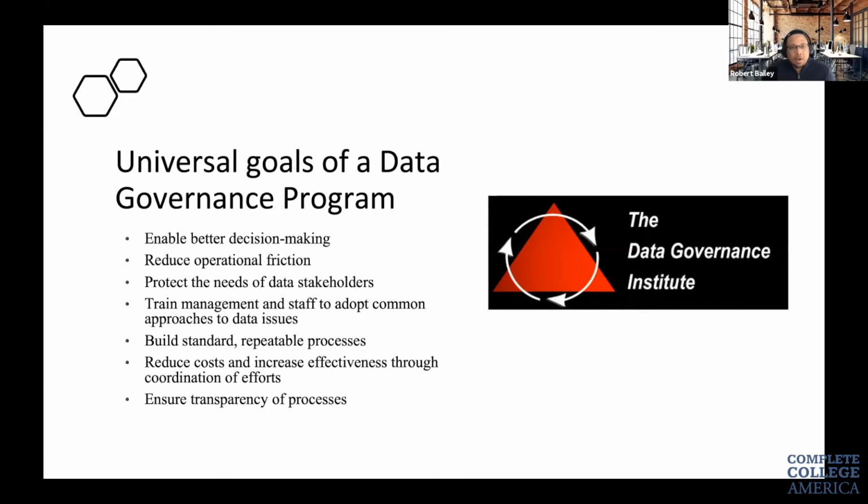Some of them involve enabling better decision-making, reducing operational friction, protecting the needs of data stakeholders, training management and staff to adopt common approaches to data issues, building standard and repeatable processes, reducing costs, and increasing effectiveness through coordination of efforts. And what I consider one of the priorities is ensuring transparency of the processes.